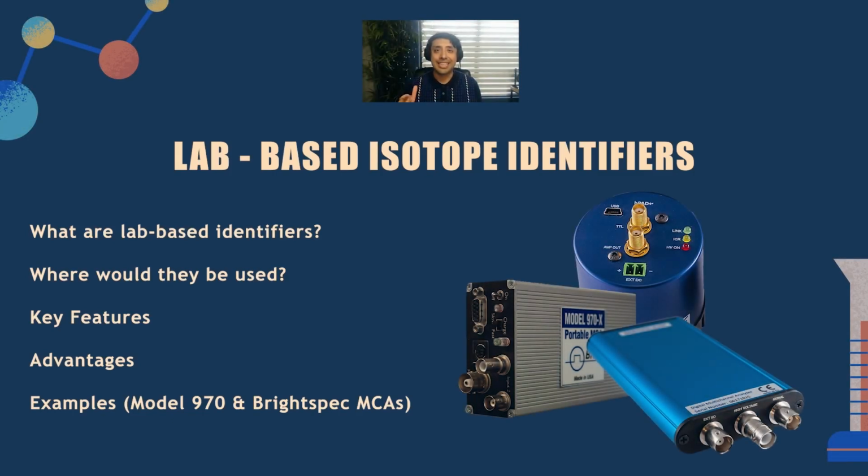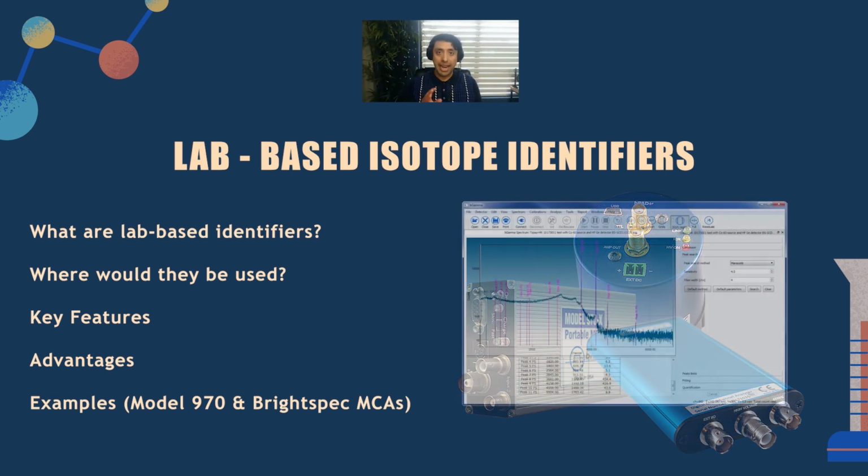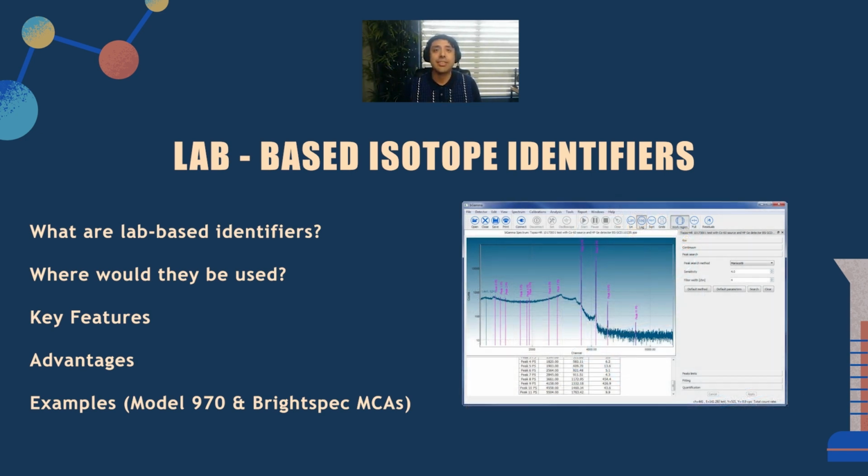Moving on to our next slide, we dive deeper into the world of lab-based isotope identifiers. These are the cornerstone of precision isotope analysis. They're typically housed within a controlled laboratory setting where the most accurate and detailed identification of isotopes is required. Lab based isotope identifiers are designed for use cases where high precision and accuracy are paramount.